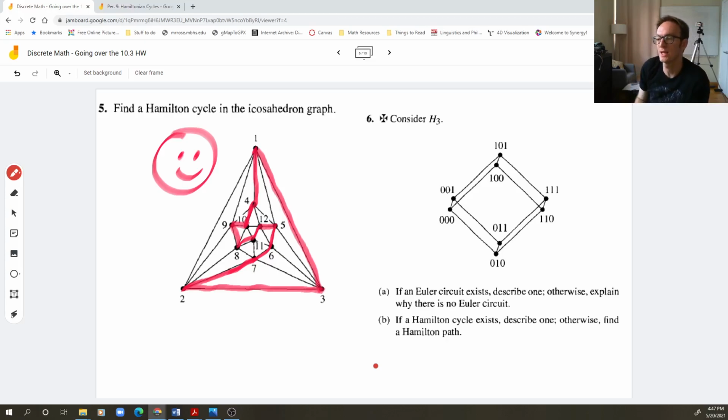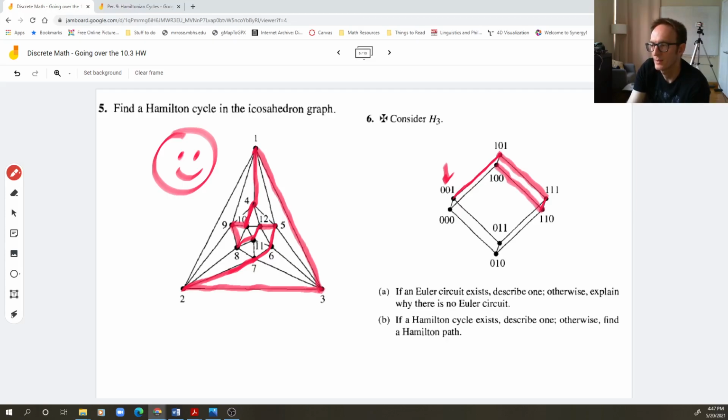If a Hamiltonian cycle exists, describe one. Otherwise, find a Hamiltonian path. There is certainly a Hamiltonian cycle in the cubic graph. Let's do it. Again, I think I barely need to try. I started here at 0, 0, 1.